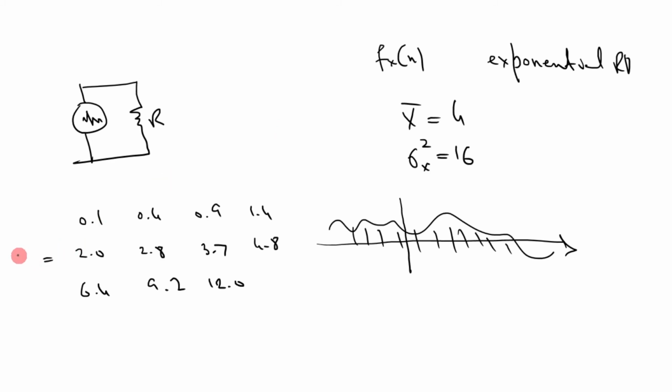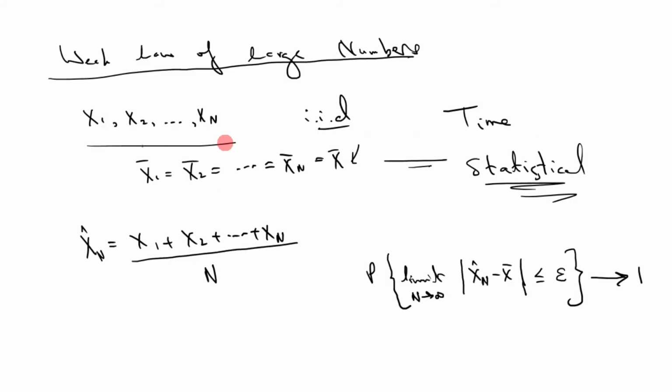Then the time average of these n samples or random variables, because this is a random waveform, whenever you sample you get a random value. Because you are receiving a random value, we have these numbers which are actually representing your random variables x1 to xn, as we have seen here.